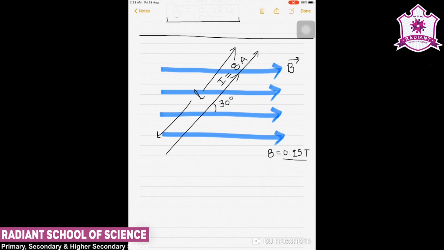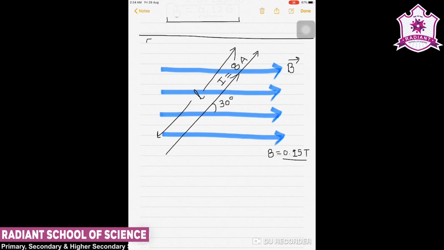I is given as 8 ampere, and the angle with the magnetic field is given as 30 degree. So here we have to find out the force actually.